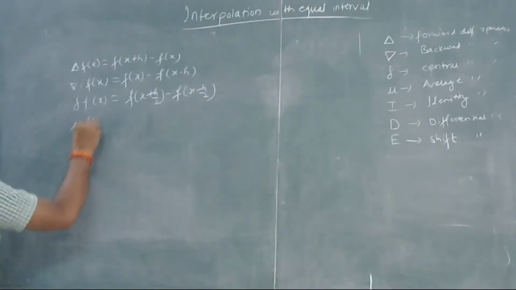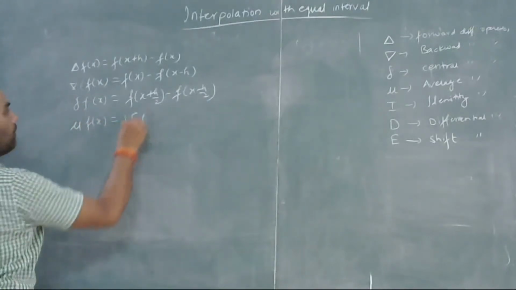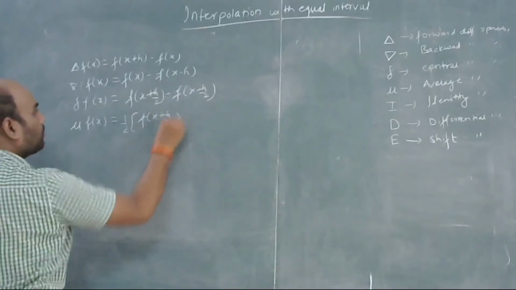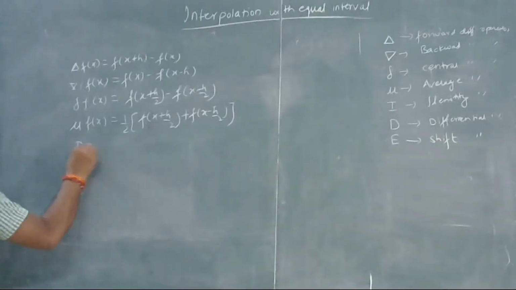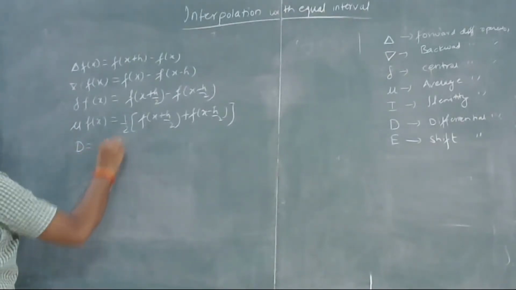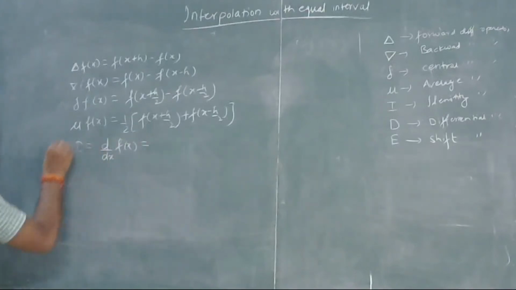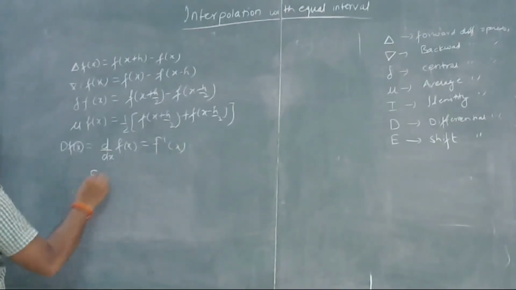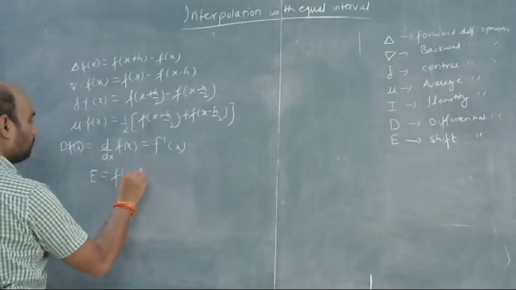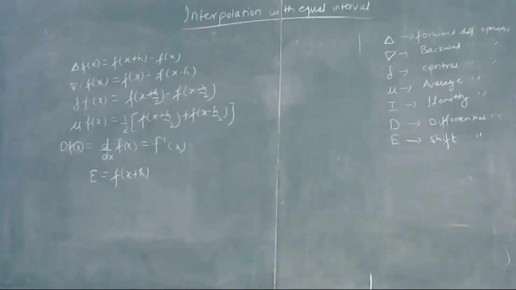Then average operator f of x is equal to half of f of x plus h by 2 plus f of x minus h by 2. Okay. And then D is differential operator, d by dx f of x, df of x, f dash x, and E is shift operator, f of x plus h. So these are the formulas of different operators. Okay. So there are many relationships between all these operators.